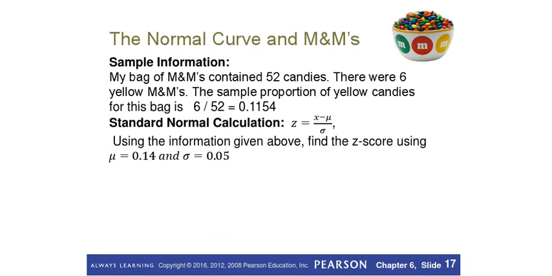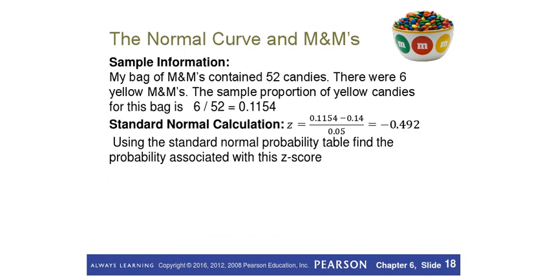Well, here's what we do. First of all, we're going to find our z-score. We take the z-value to be the difference between x and the mean, divided by the standard deviation.